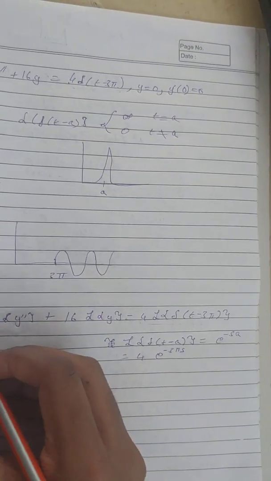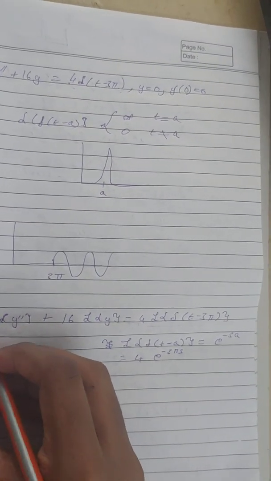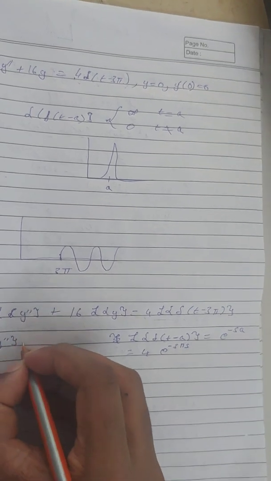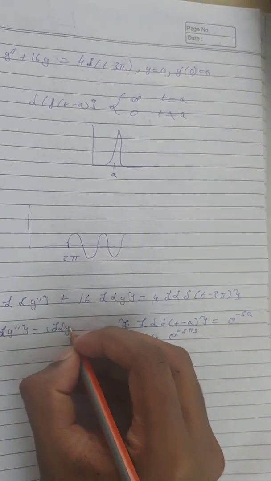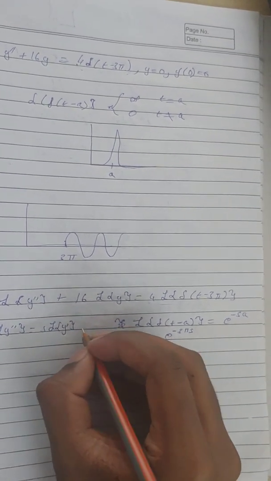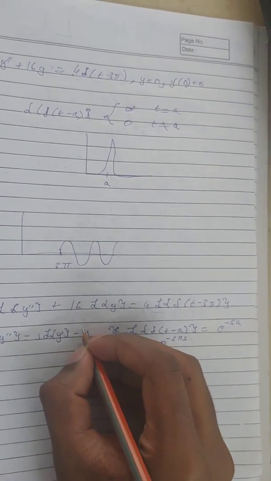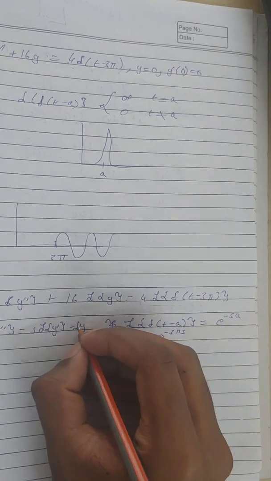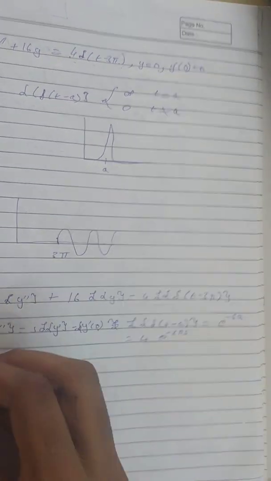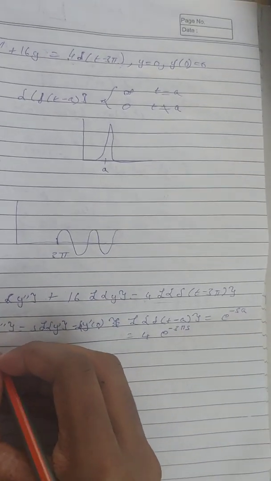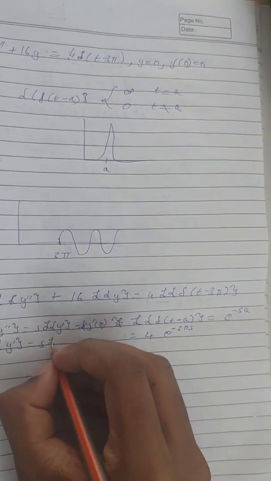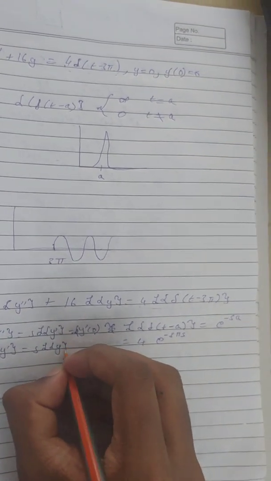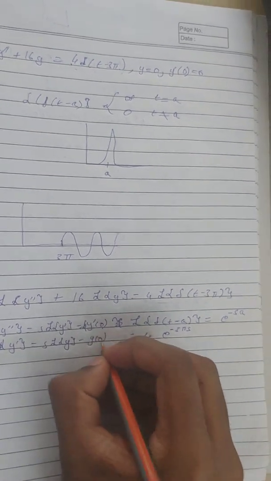and Laplace of y double dash is equal to s into Laplace of y dash minus y dash of 0, and Laplace of y dash is s into Laplace of y minus y of 0.